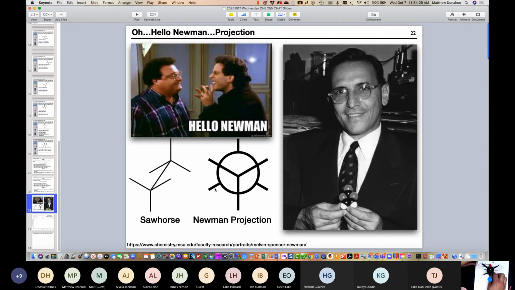So what does all this mean? So in Newman projection, you're looking down a sigma bond axis.